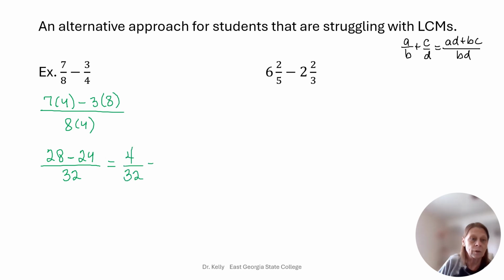And then we have to reduce the fraction and give it in simplest form. And the simplest form here is, 4 divides into both 4 and 32, so we have 1 over 8. Looking over here, we still have to convert our mixed number into improper fractions, so convert to improper fractions.